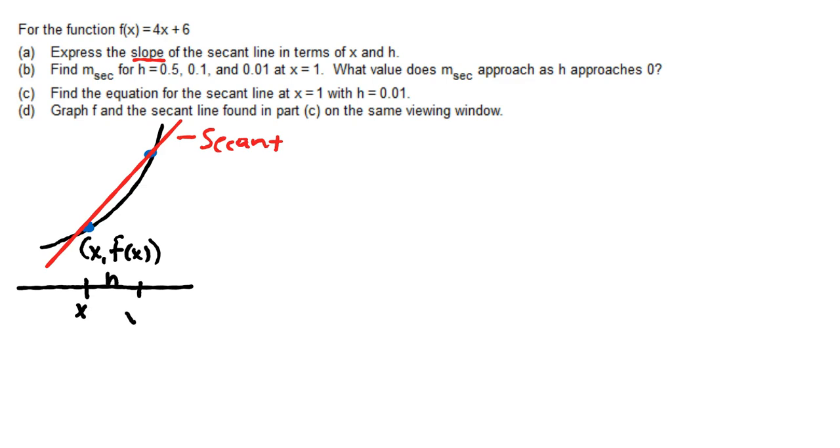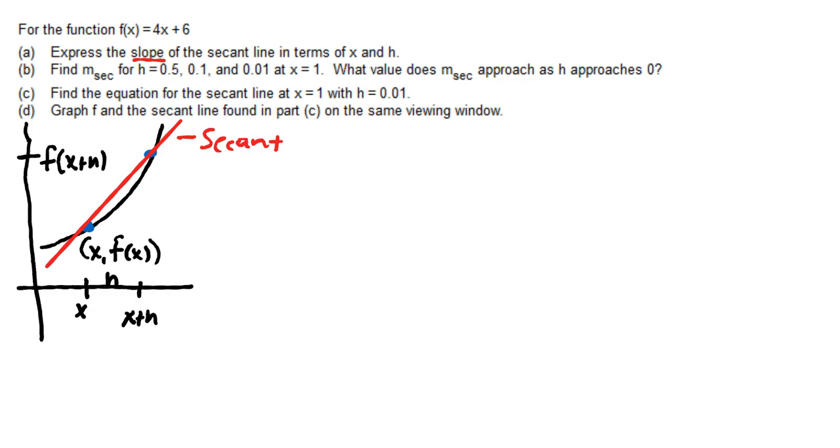So this other x value will be x plus h, x plus the small distance. Then the y value at that point, so here's our y scale, the y value at that point will be f at that x value, x plus h.